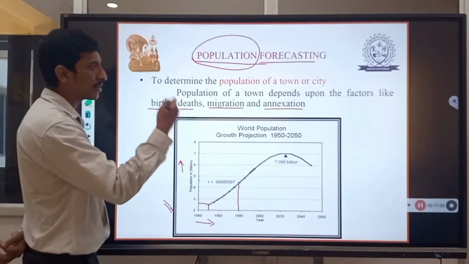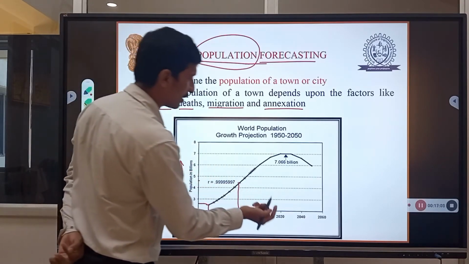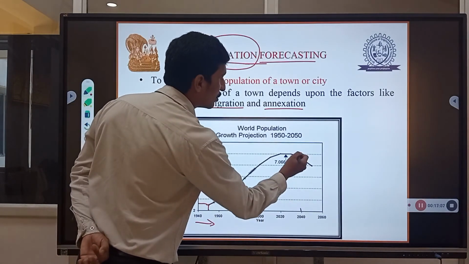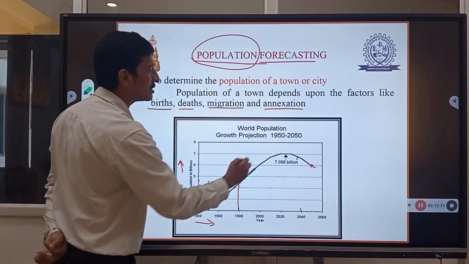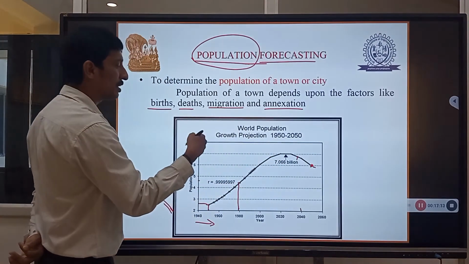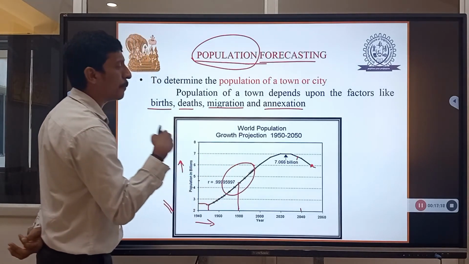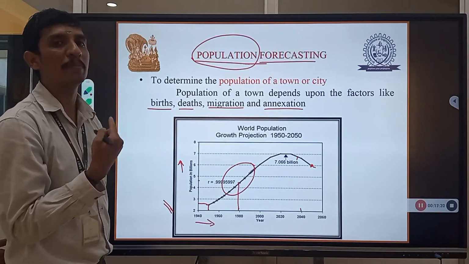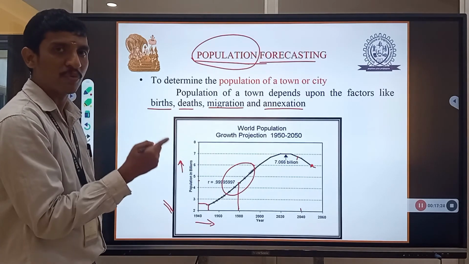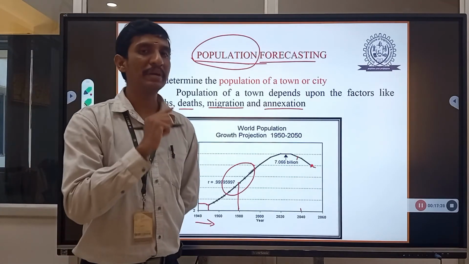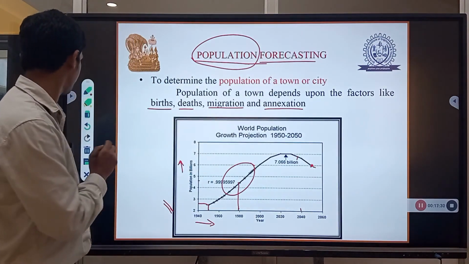But we need to forecast the future population, for 2040 and 2060 and so on. According to that, we draw the graph with the help of previous records. In this we approximately estimate how the population will increase in that particular year. Only then can we predict the population and construct the hydraulic structure.